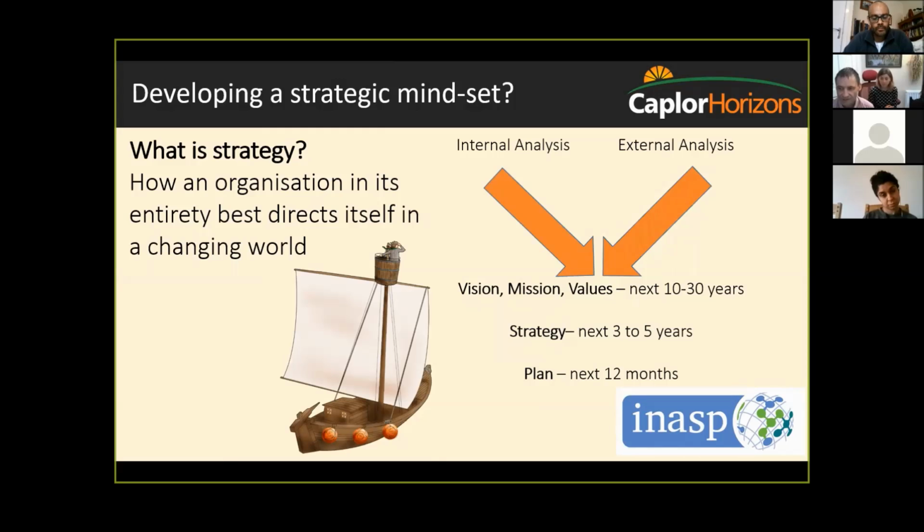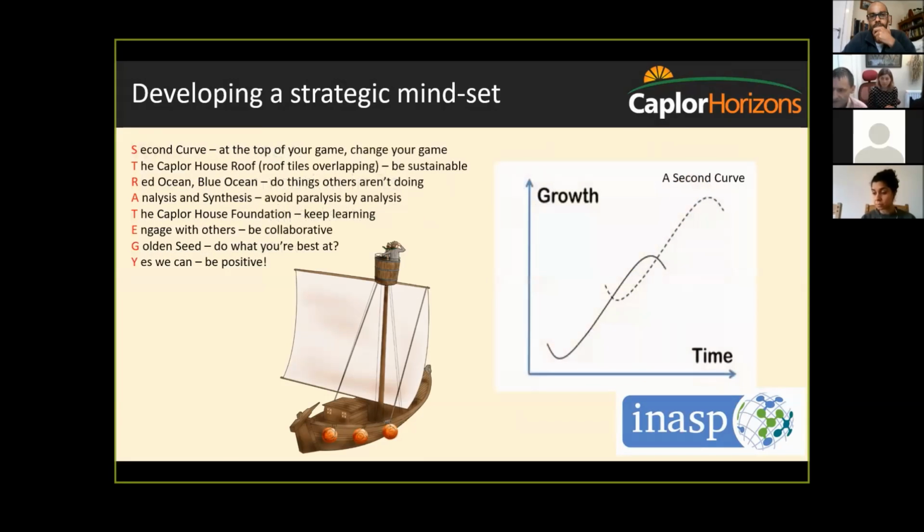That's quite a good one, because many strategy definitions don't piece everything together the way this one does. It talks about the process of change internally and externally, and that idea of directing on a journey.